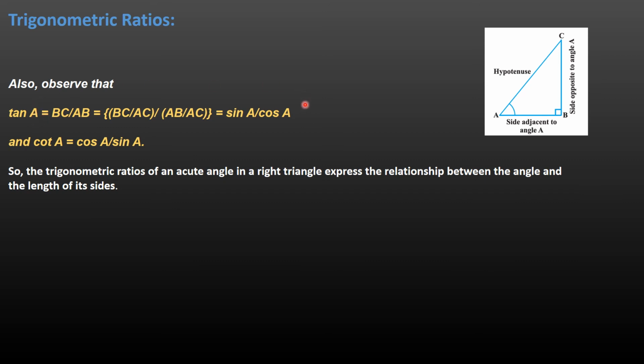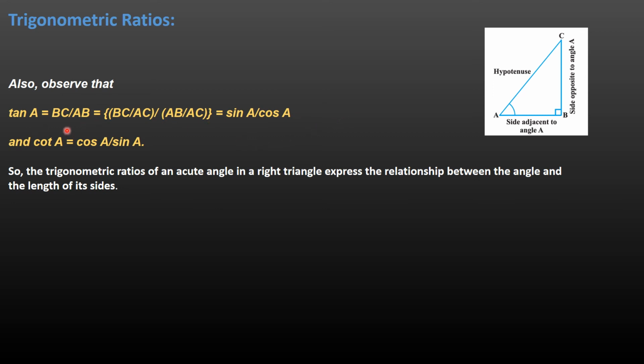Or either way, they can give you cosine and tan, and then ask you to find the value of sine A. So if you remember this equation, tan A is nothing but sine A upon cos A, then it will be easy for you to get any of the three values if the other two are given.